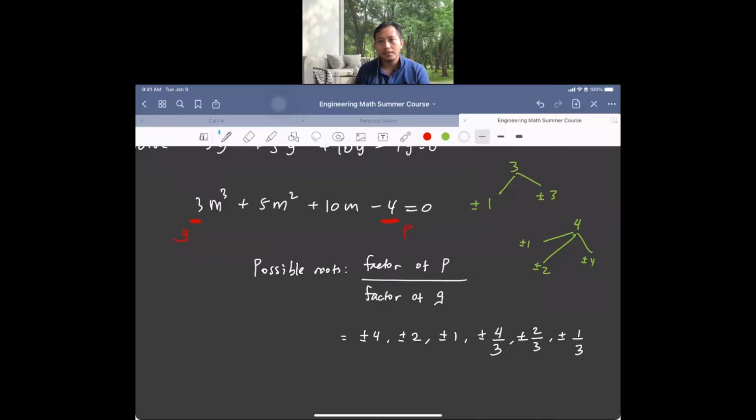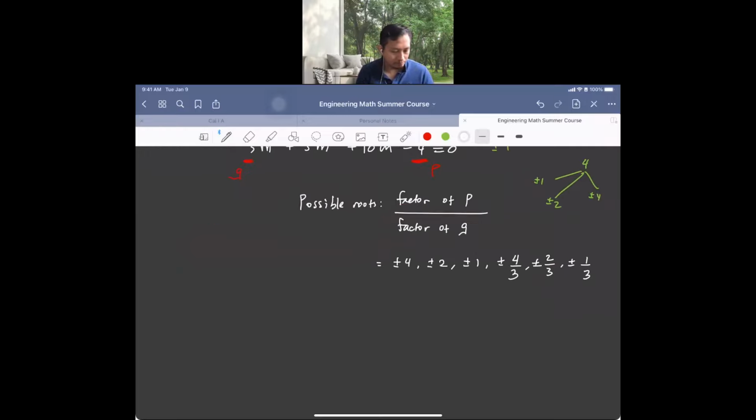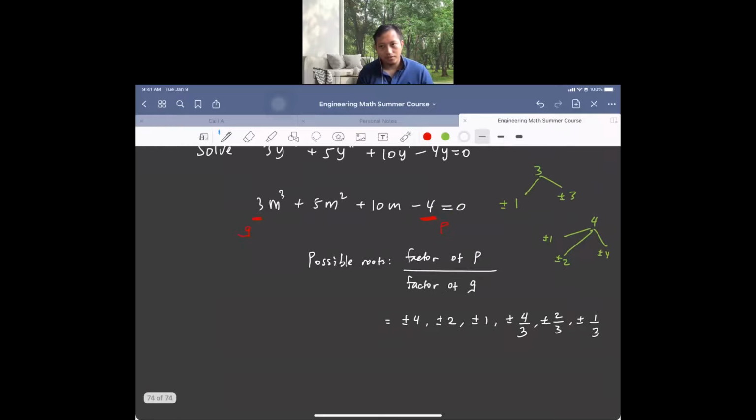And the way you are going to check is basically trial and error. Check one by one whether it's a root or not. But we can use synthetic division like we did before, the polynomial synthetic division. That's also one way to check. And also, we could check the Descartes rule, how many sign changes there are.